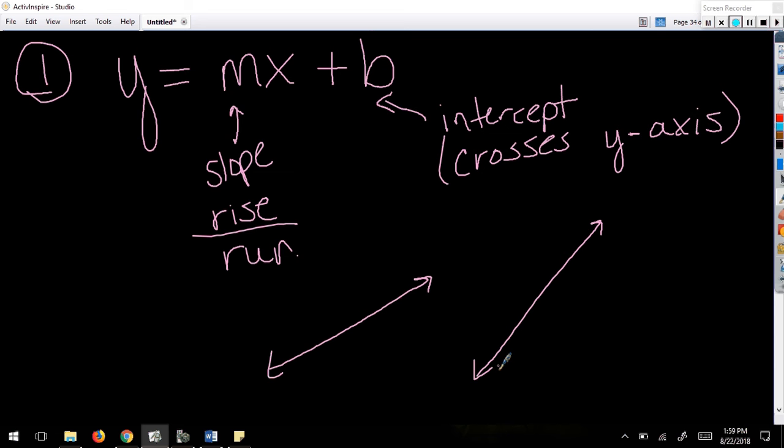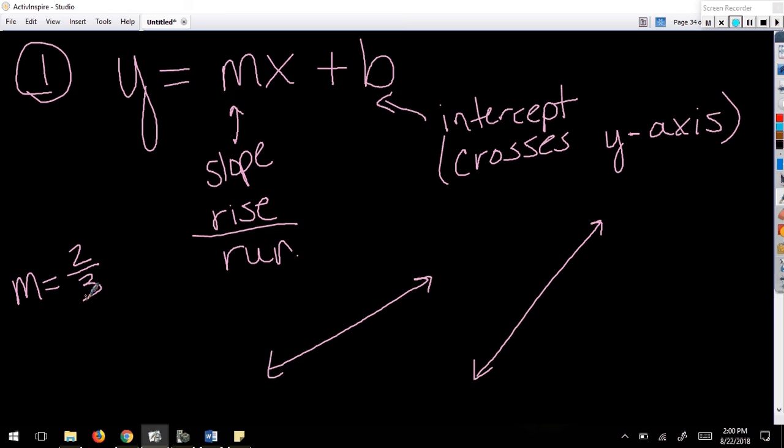If I had a slope of, let's say, 2/3, from any point on the line, that means I do what? How do I apply that slope? You go up 2 and over 3. Okay?